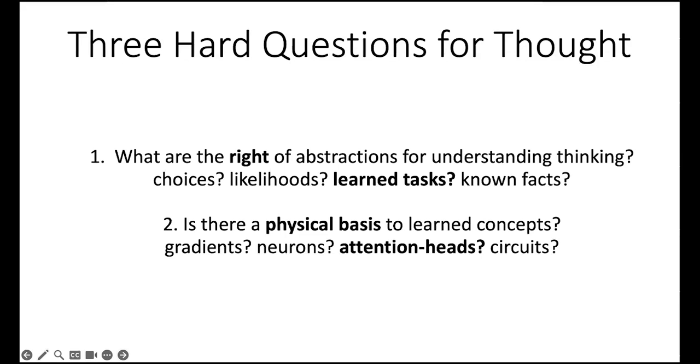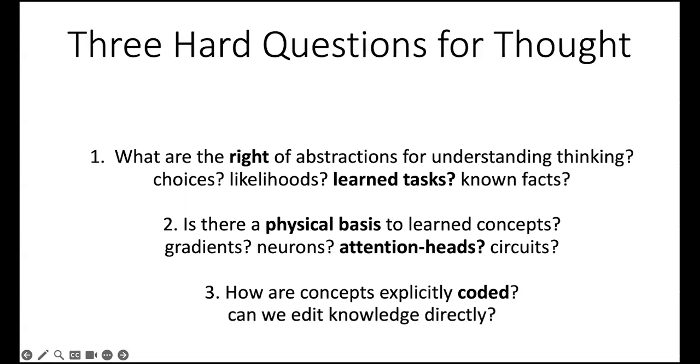Can we understand neurons, gradients, or things like attention heads or circuits? These are open questions. But if you can understand even components, then you can ask the more detailed question: can you explicitly encode or decode them? Can we edit things directly because we understand what the internal language of the systems is?